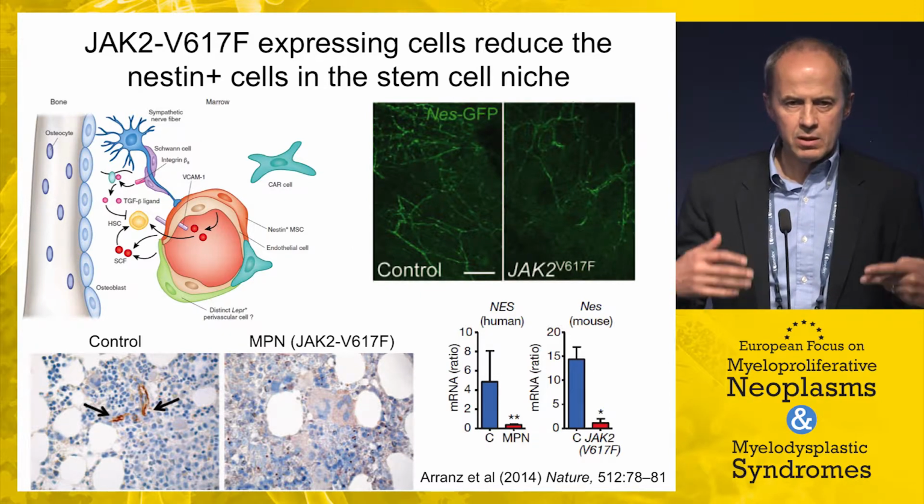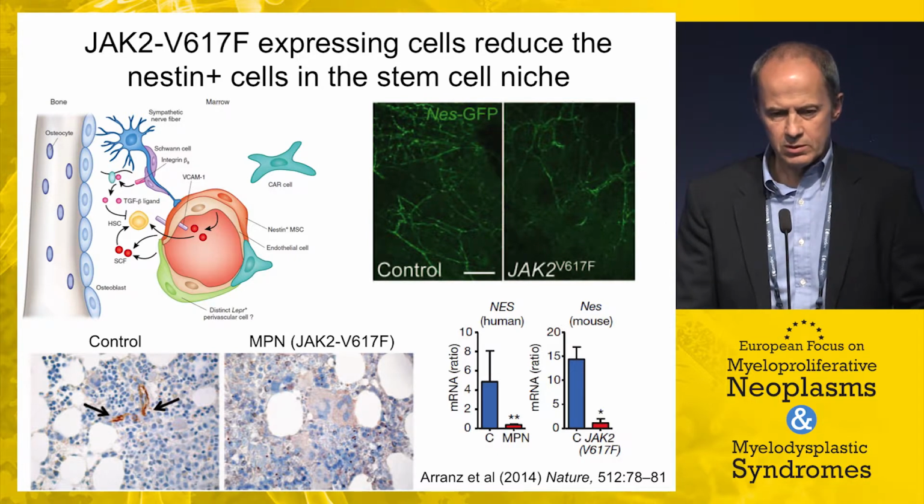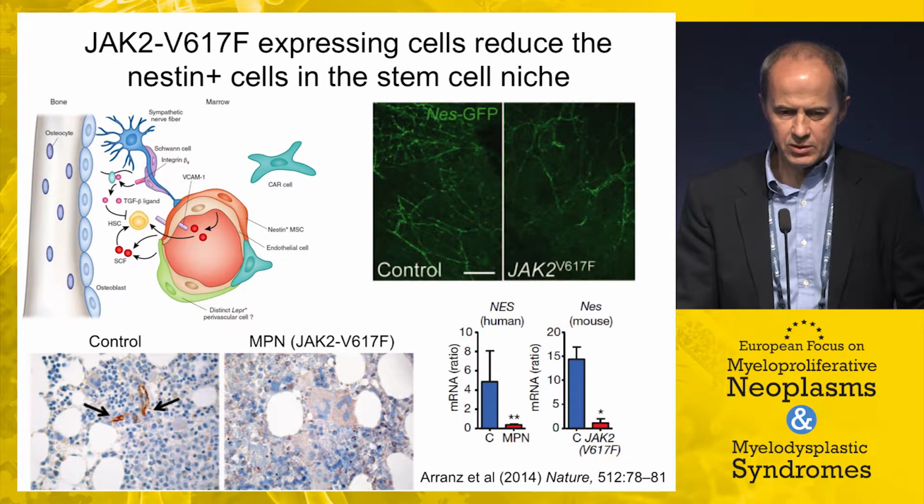And so there are beta-3 agonists that can be given to a mouse or a human, and what he's observed is that giving this trophic signal here will then reconstitute these nestin positive cells.